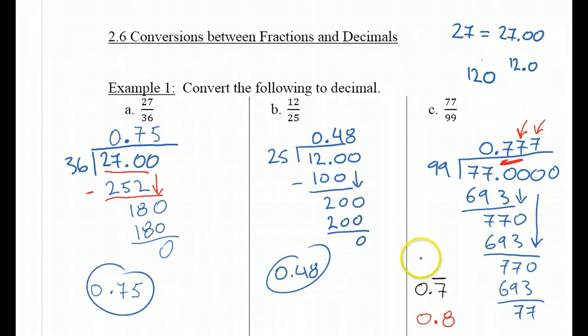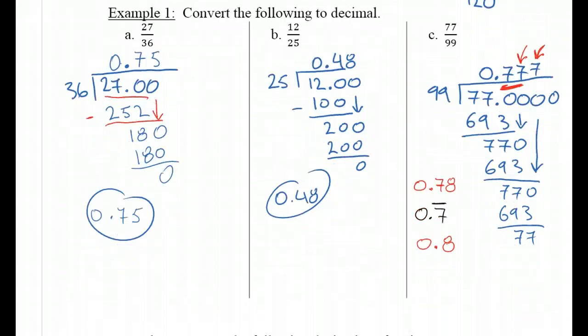So in this case, my answer would be 0.78. 7 is the first decimal, and then instead of writing a 7, I'm going to round up to an 8 because the third decimal, the thousandths position, is a 7. Okay, but since we're doing decimals and fractions, let's focus on those. Okay, let's move down and do a few more examples.